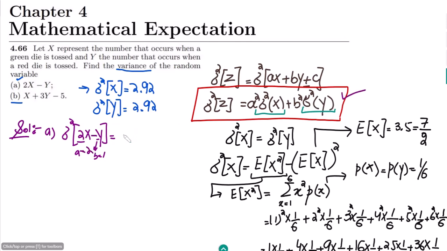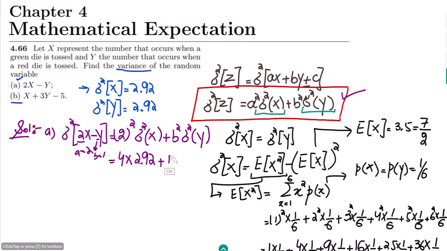So in order to apply it, we will get 2 square multiplied by the sigma square of X, plus b square multiplied by the sigma square of Y. Let me put their values, and this will become 4 multiplied by 2.92, plus this is 1 square, so it will become 1 here as well, and also sigma square Y is 2.92.